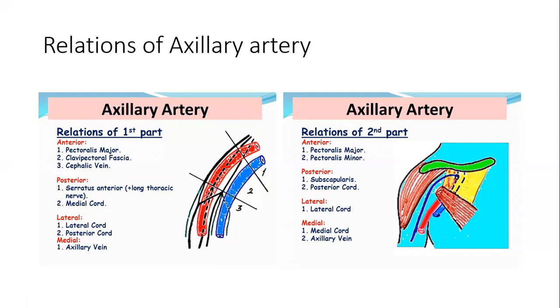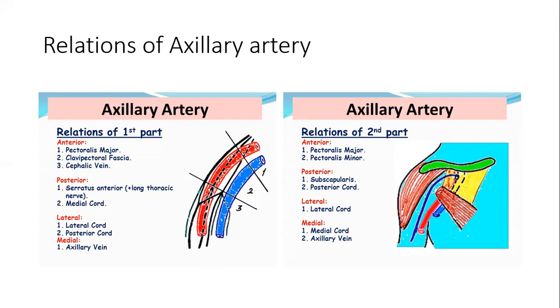Posteriorly, the first part is related with the serratus anterior along with its long thoracic nerve and medial cord of brachial plexus. Laterally, the first part is related with the lateral cord and posterior cord of the brachial plexus, and medially, axillary vein.